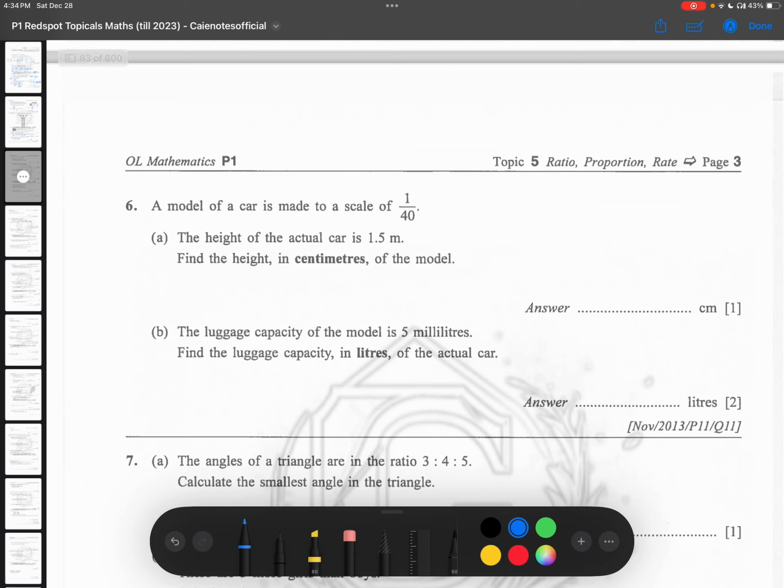A model of a car is made to a scale of 1 upon 40. The height of the actual car is 1.5 meters. We have to find the height in centimeters of the model.